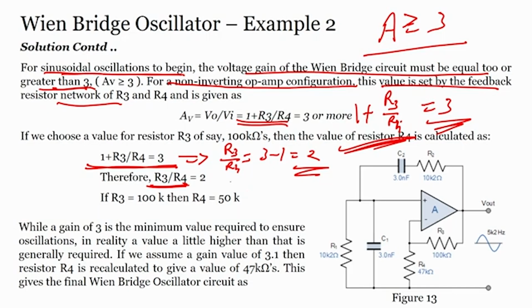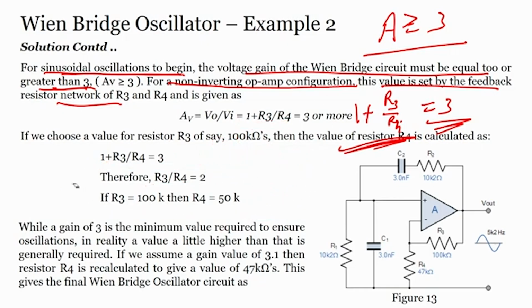So now I have to have a ratio of R3 by R4 equal to 2. I can assume any value, for example R3 100 kilo ohm and R4 50 kilo ohm. Using this we can find the values of R3 and R4.